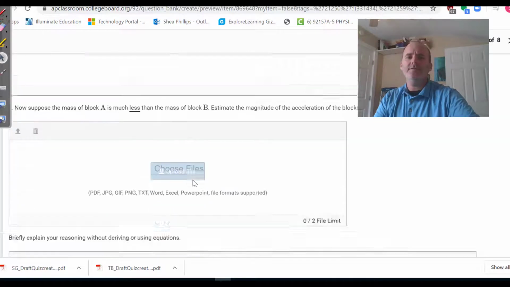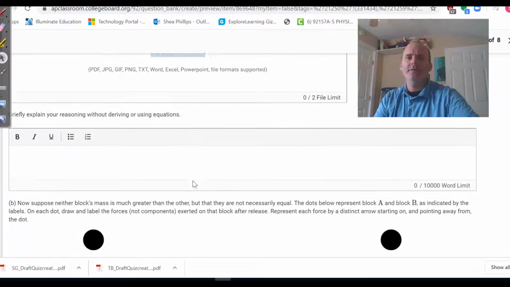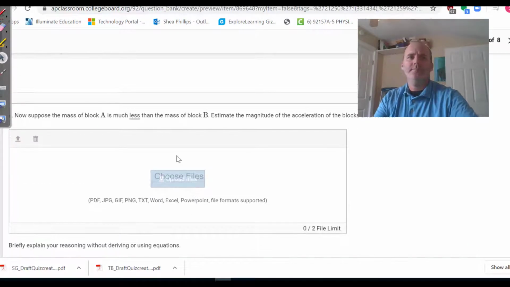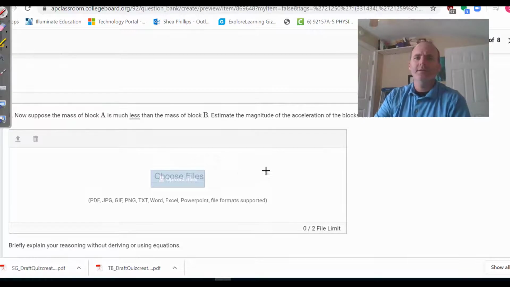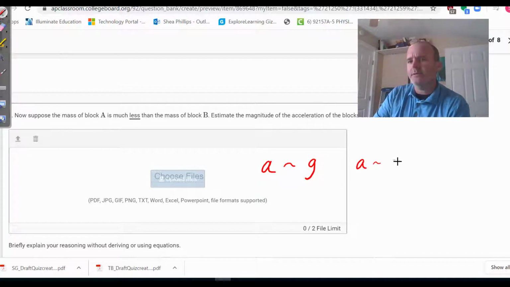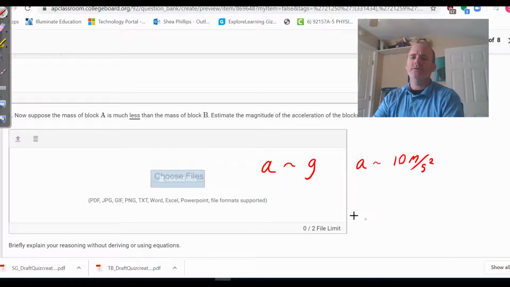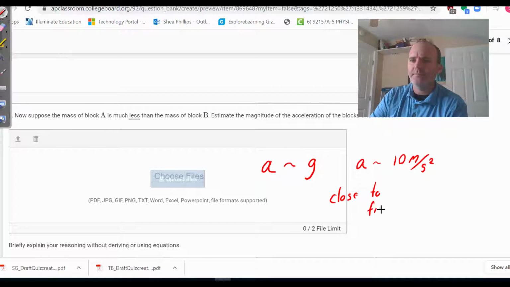Well, if it's in free fall, then the acceleration is approximately g, or approximately 10 meters per second squared. So it's close to free fall.